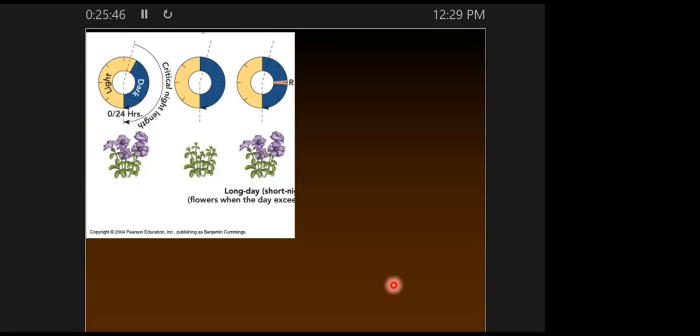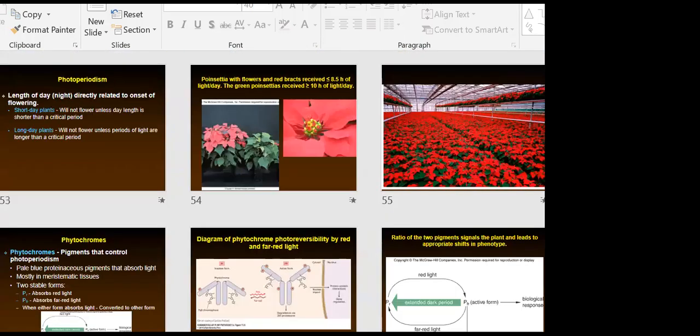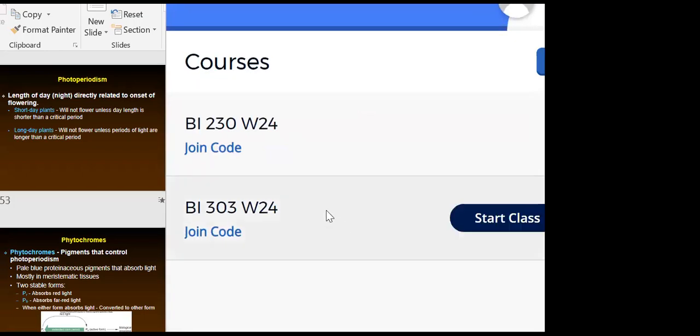So okay, the plant got hit with red light in the middle of the night. Let's do an iClicker. Let's see if we can answer this question. You can keep your notes open. This is open note, and you can chat. Where is my iClicker?